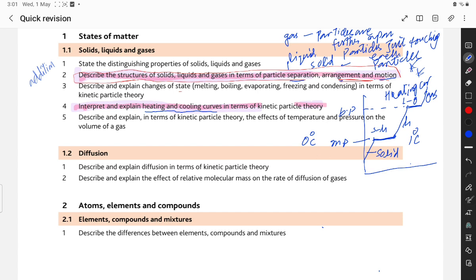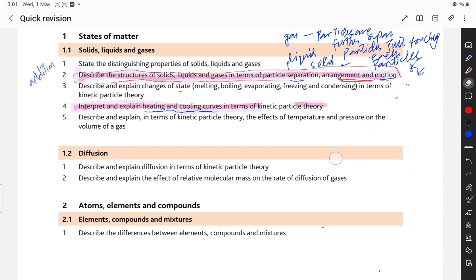Similarly, this is the heating curve and this is the cooling curve. Over here gas, over here gas and liquid, then liquid and solid, and at this stage solid.